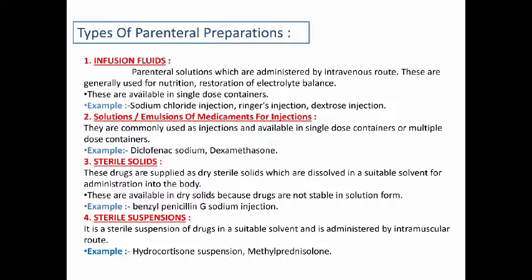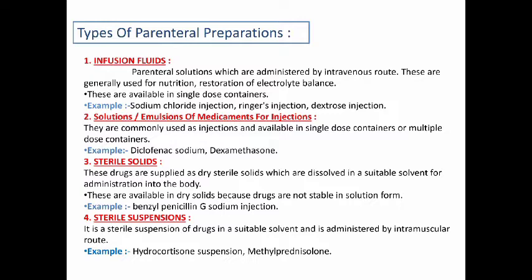Second, solution or emulsion of medicament for injection. They are commonly used as injections and available in single dose or multiple dose containers. Examples: diclofenac sodium, dexamethasone. Third, sterile solids. These drugs are supplied as dry sterile solids which are dissolved in suitable solvents for administration into the body.